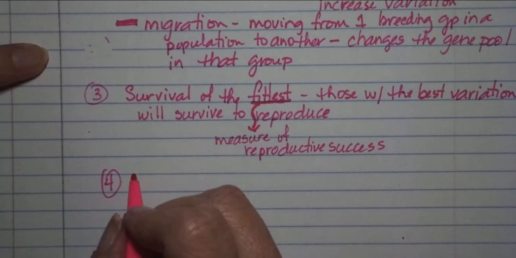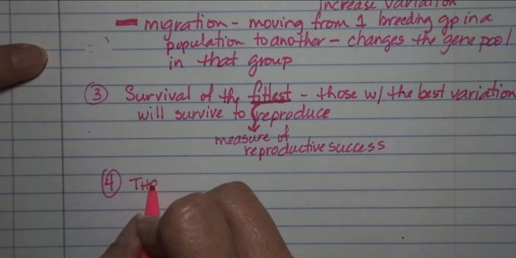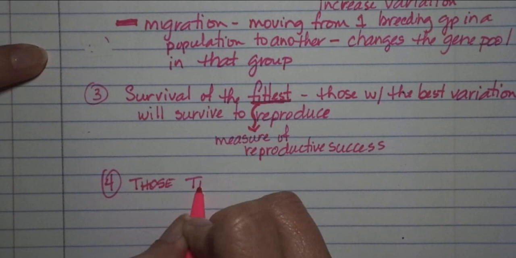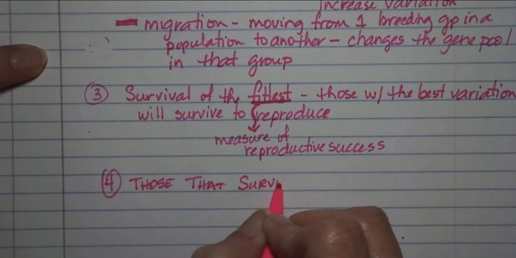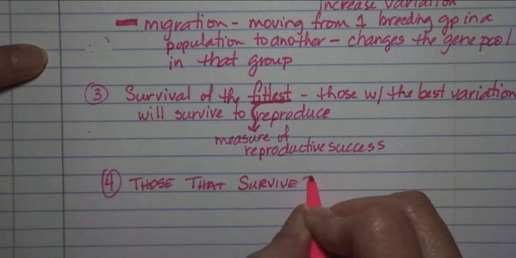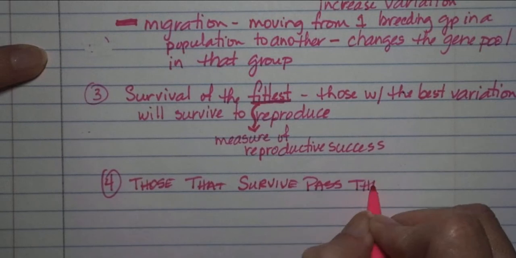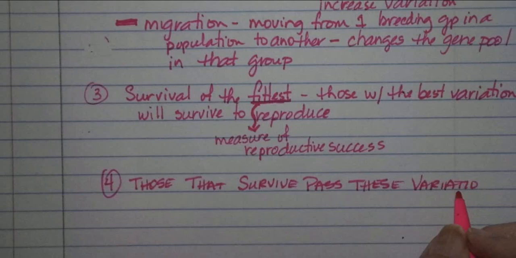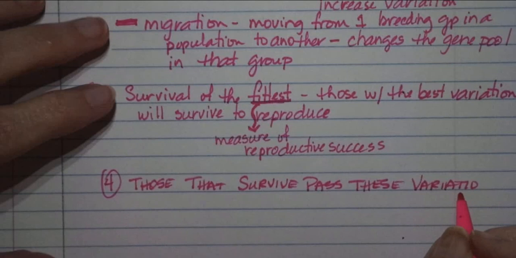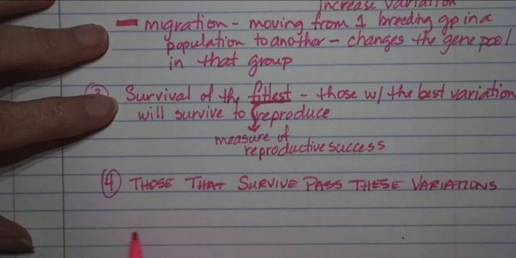They pass these variations on. That's the kicker. They have to survive and they have to reproduce to pass those traits on.